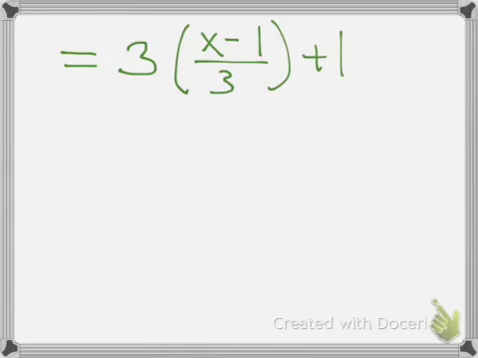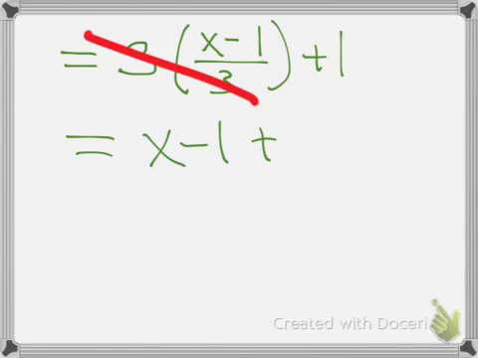I have that part left because the square and the square root cancel. Now here, these 3's cancel, and I'm left with x minus 1 plus 1, and I do get x, which is what I expected to get. If I didn't get x, then I've made a mistake somewhere, and I've got to go back and fix it.